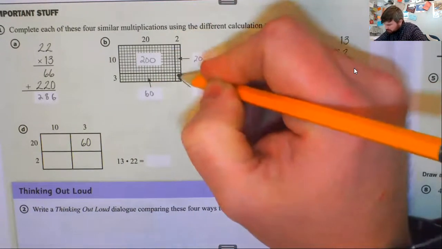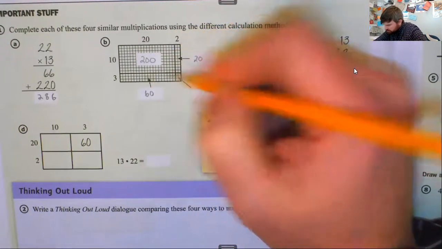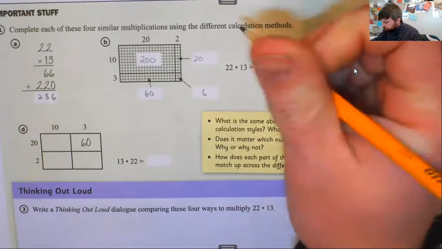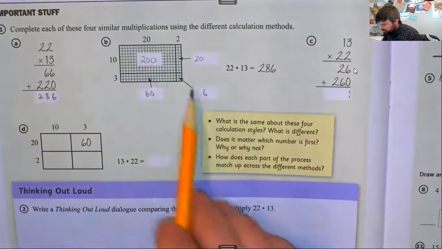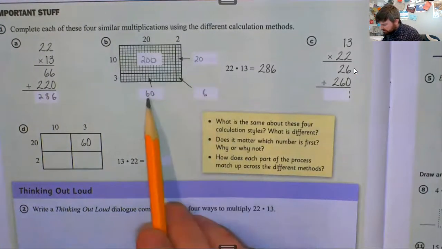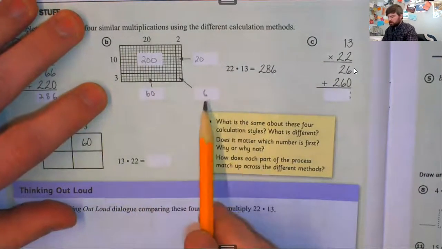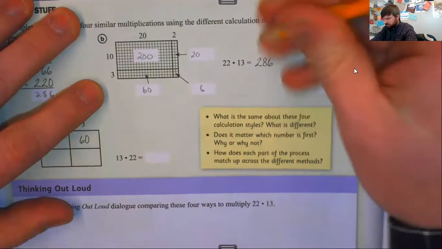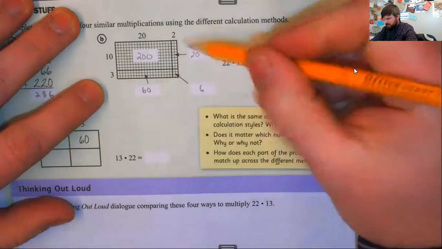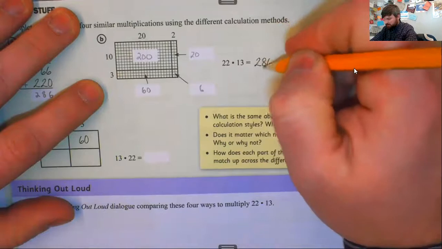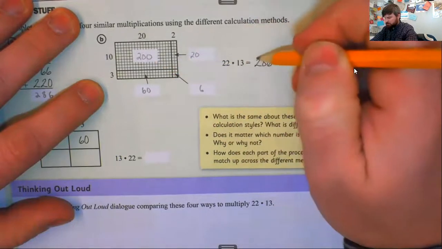And in this little square, you got 2 times 3, which is 6. Then you add them all up. So 6 plus 20 plus 60 plus 200, you get 286. This is your units digit, 6. You got 60 and 20 is 80, so that's your tens digit. And you got 2 for your hundreds digit there.